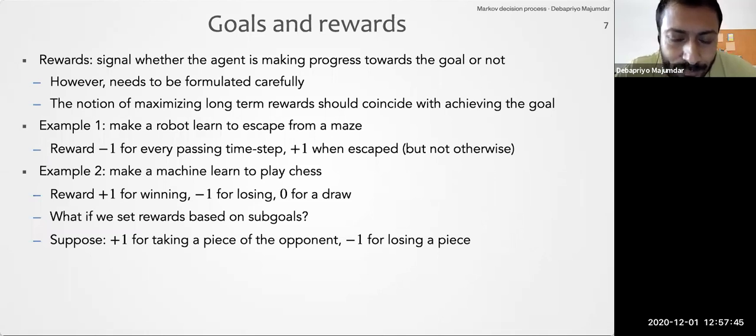Now, anybody has a guess what would be the problem if this is all that is there in the rewards? See, the point is we may have a goal, but the reward is what the agent is actually looking at, right? So the agent is trying to maximize the reward. So what will happen in this case? Anybody?